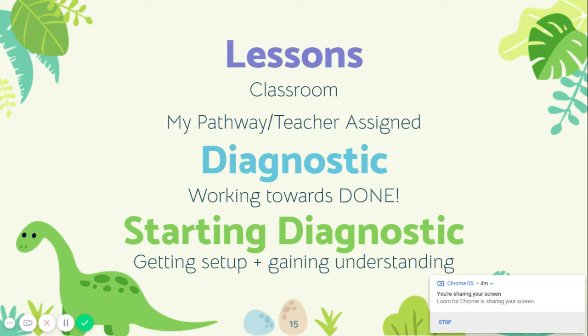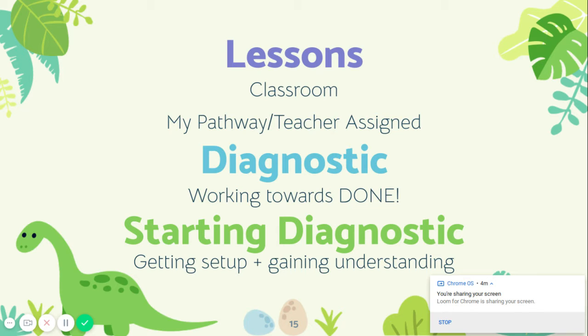And in iReady, there are really 2 camps, 2 places that you could be. You could be working in what's called My Pathway, or you could be working in what's called teacher-assigned lessons. So My Pathway lessons and teacher-assigned lessons. So far this summer, I have only assigned 1 set of lessons that go along with what we are doing to warm up ourselves and our math skills at the start of each of our lessons.